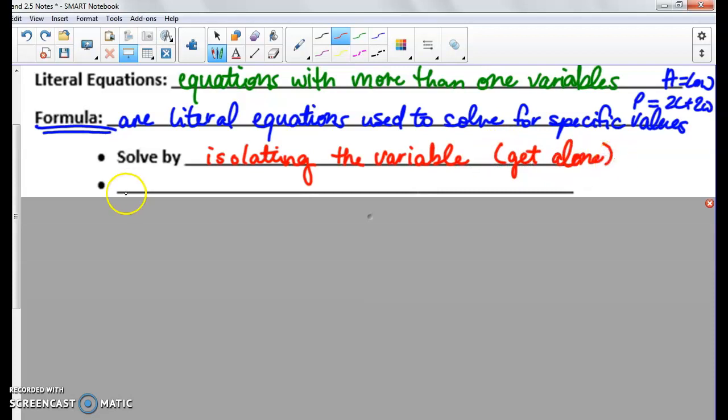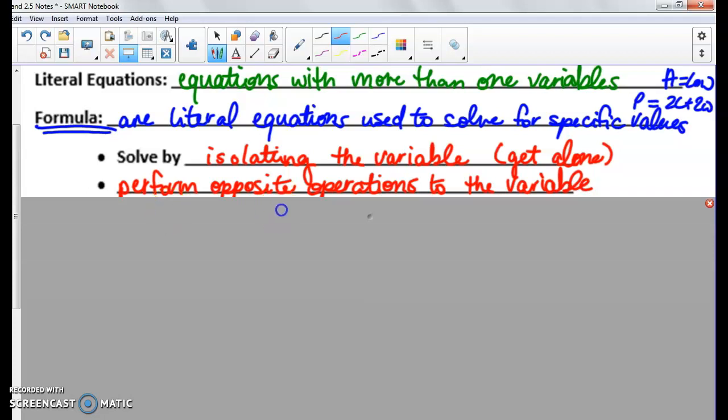And we do that by performing inverse operations or opposite operations to the variable. There you go. And that gets us through our notes for this set.